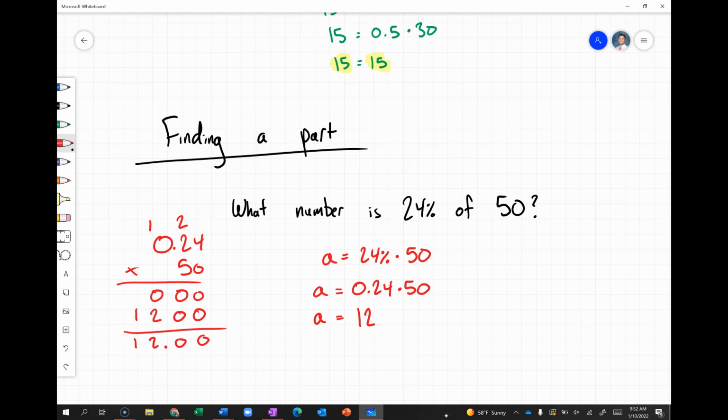Again, I want you to see that we could also use that other equation, A equals P times W, so 24 times 50 divided by 100.